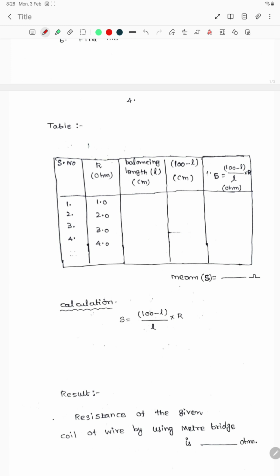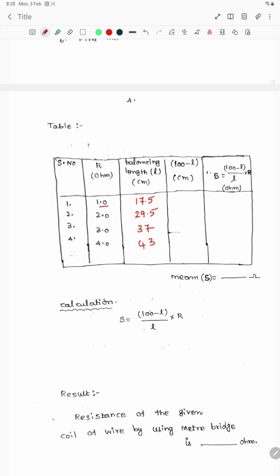I'm going to give you a sample calculation here. Let us say the first reading is 1 ohm and the balancing length is 17.5, then for 2 ohm it is 29.5, for 3 ohm it is 37, for 4 ohm it is 43.